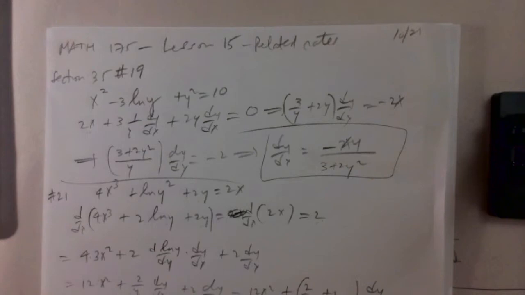I also have another question. It says negative 3 ln y, right? But then why did it become positive 3?